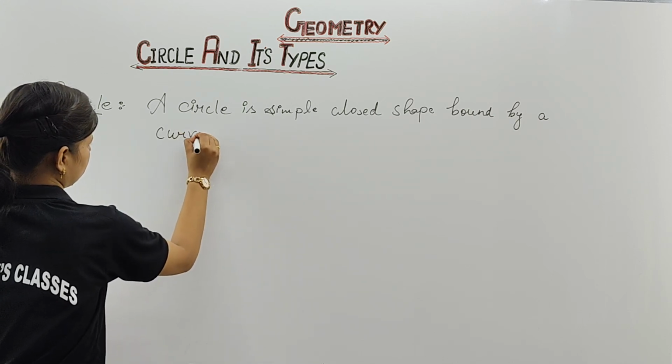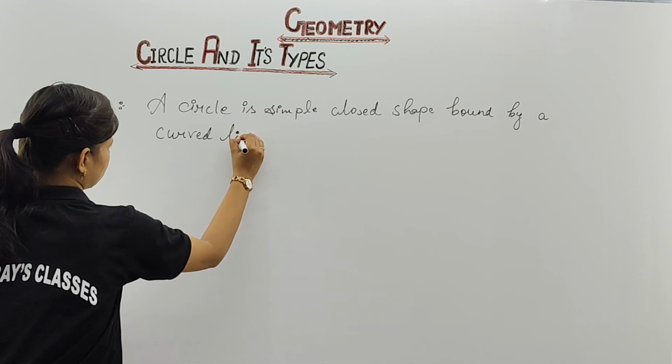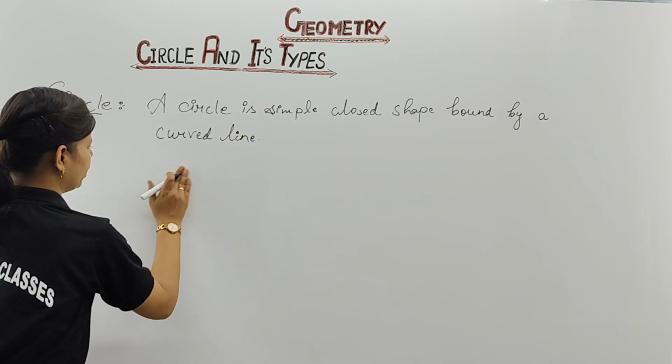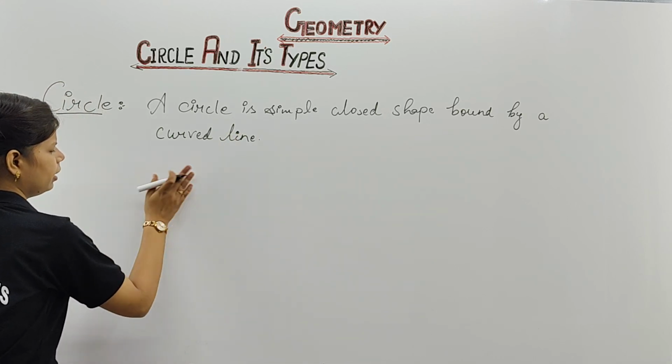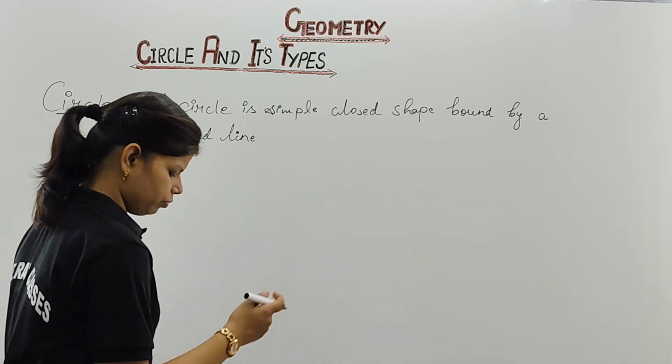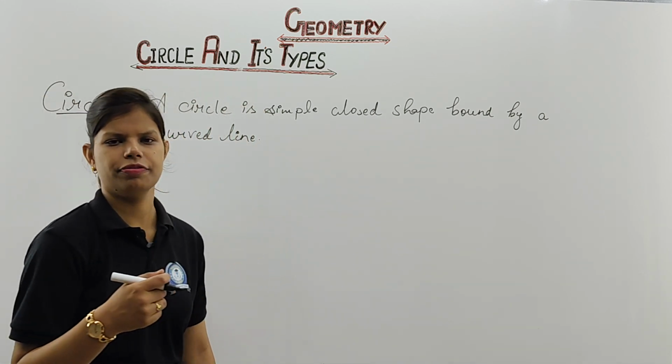Clear? That means when we make a circle, we will read what different parts it contains. Now, second, I am going to explain in depth through a figure.